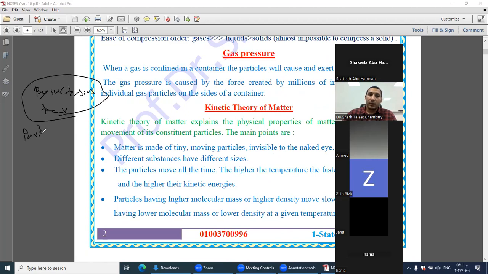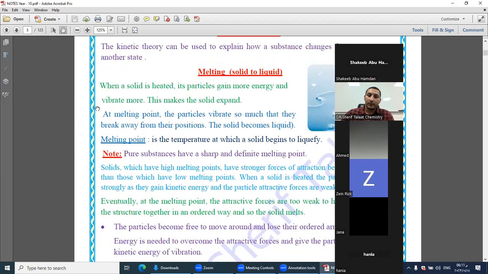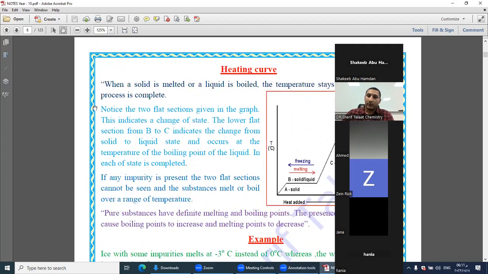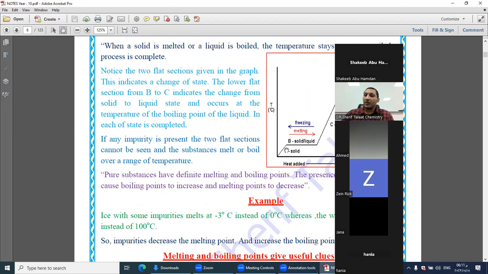Particles gain kinetic energy, and particles move faster. This means that in the heating curve, we have solid, liquid, gas, and they can change to each other.